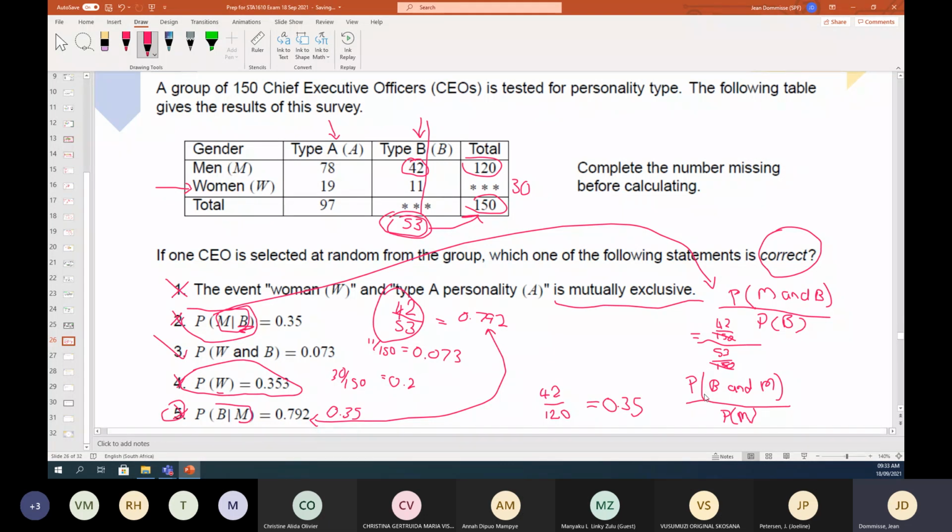The probability of B and M should actually have been 42 divided by 150, and the probability of M should have been 120 divided by 150, which on both the top and the bottom would have cancelled out. So that's why I'm left with 42 divided by 120.